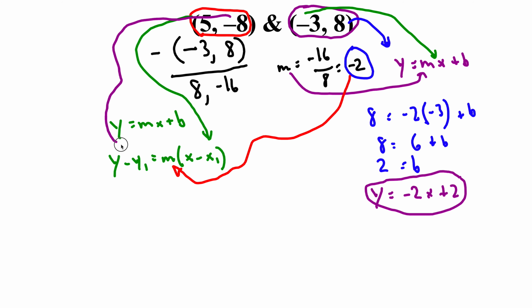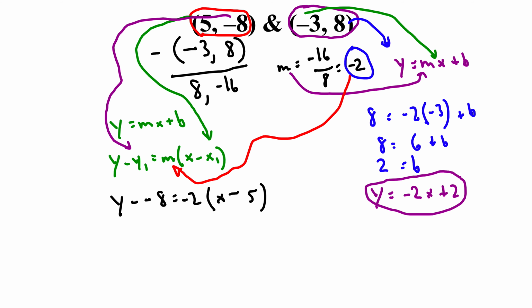Now please bear in mind that we're subtracting. So y minus y1, which is -8, equals our slope, which is -2, times the quantity, meaning parentheses, x minus the x value, which is 5.